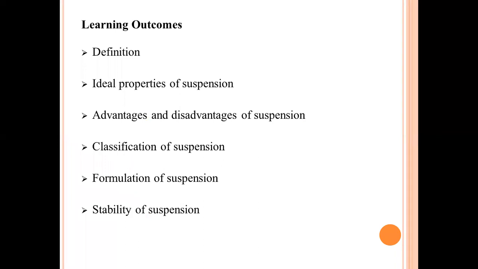Next, we'll discuss the classification of suspension, formulation of suspension, and once you have formulated the suspension, how to maintain the stability of suspension. So in the suspension chapter, you should understand these learning objectives.